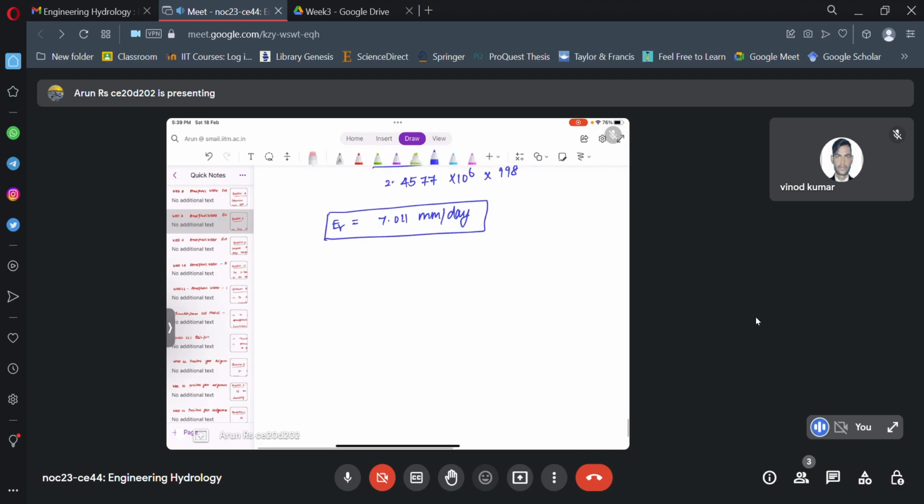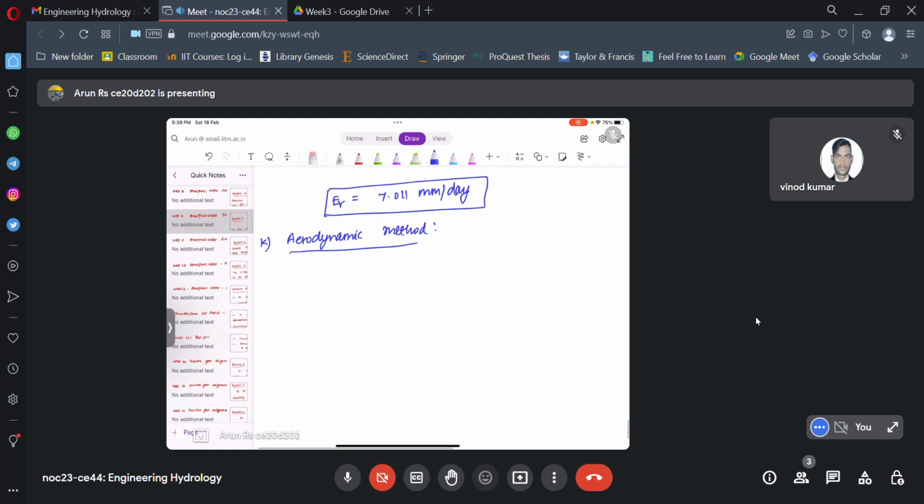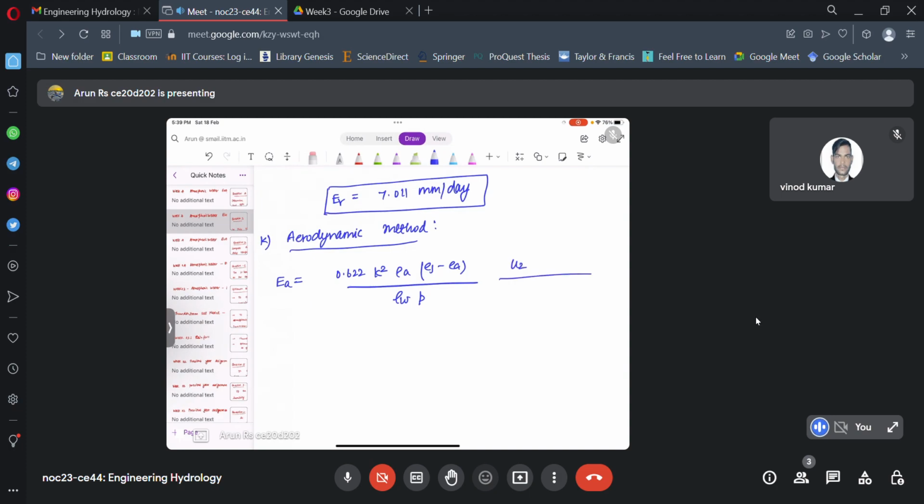So next we need to estimate by the aerodynamic method. So EA is equal to 0.622 K square rho A (ES minus EA) divided by rho W into P into U2 divided by ln of (Z2 by Z1) the whole square.